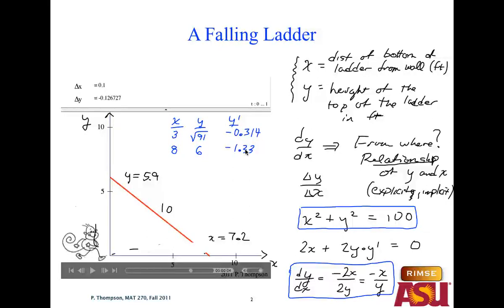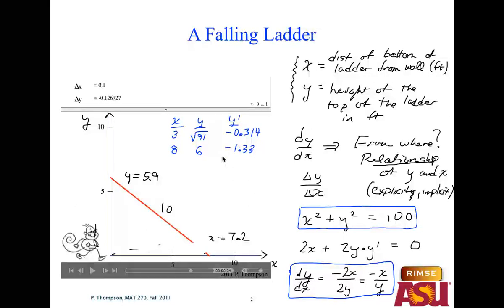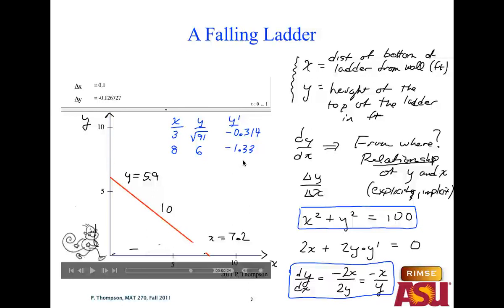All right, and then later on, so later on when x is 8 and y is 6, who can interpret that number? Linman, can you try that one? What does negative 1.33 mean? When x changed a little bit, y change is negative 1.33 times x change.